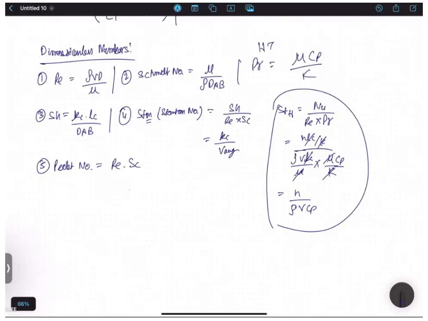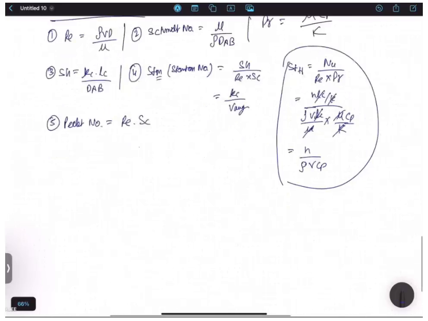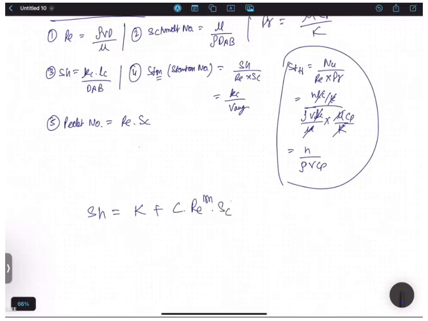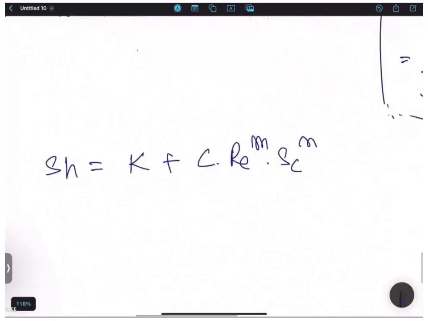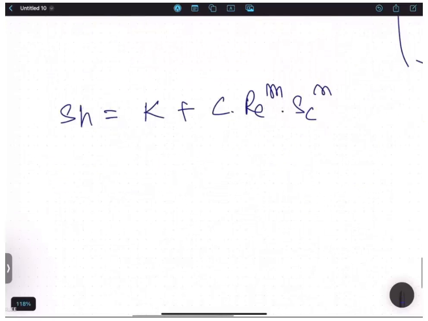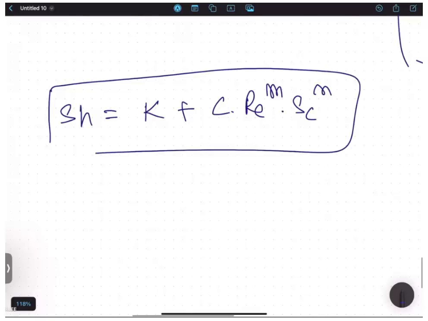Based on these analogies, suppose Sherwood number you can write as some constant k plus c into Re to the power m and Sc to the power n. Like you know that Nusselt number is equal to 0.664 into Reynolds number to the power 0.8 and Prandtl number to the power 0.3.